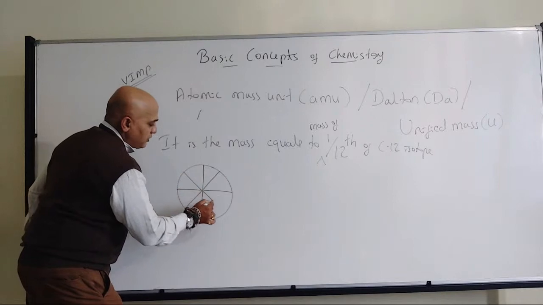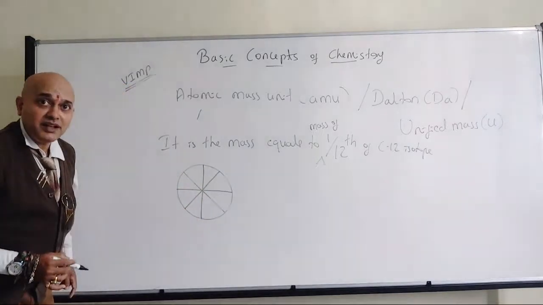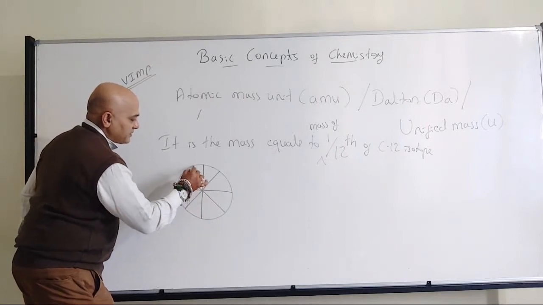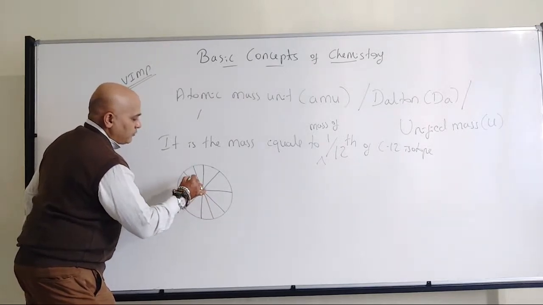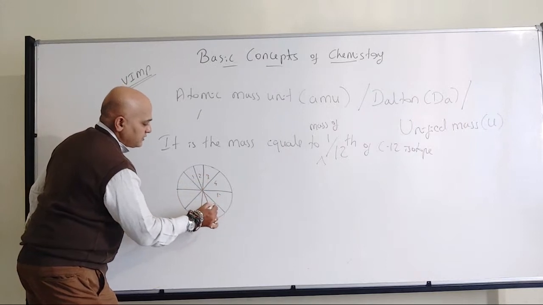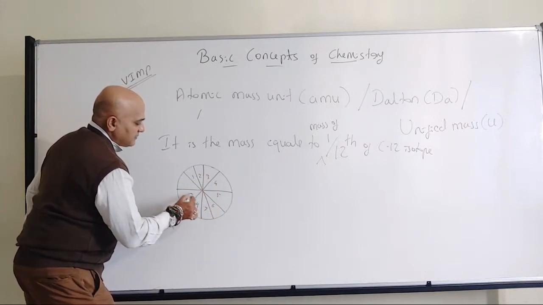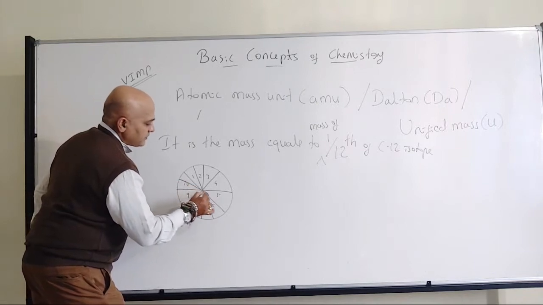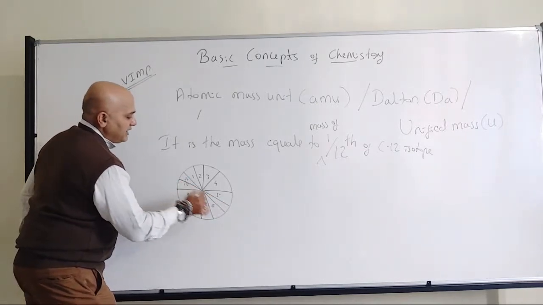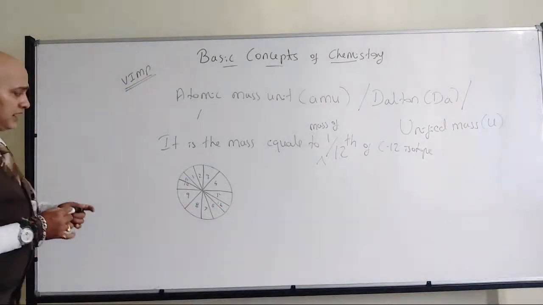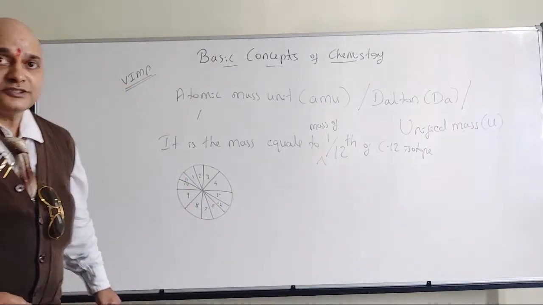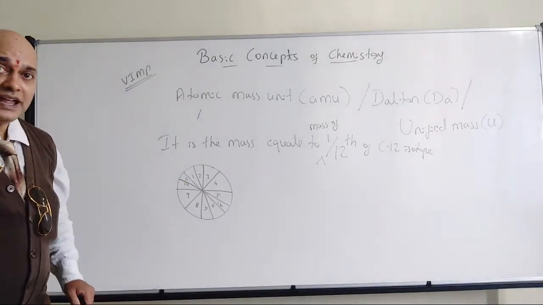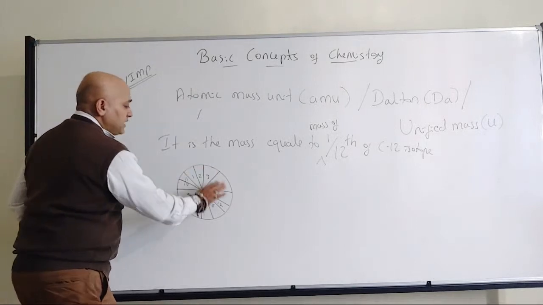Don't worry, I am not good at drawing, there can be unequal parts. So 1, 2, 3, 4, 5, 6, 7, 8, 9, 10, 11 and 12. So a total of 12 parts are there. Don't say, sir, 9 and 4 are not equal parts. Think that all of them are equal in size.